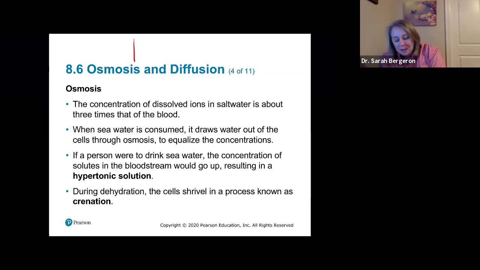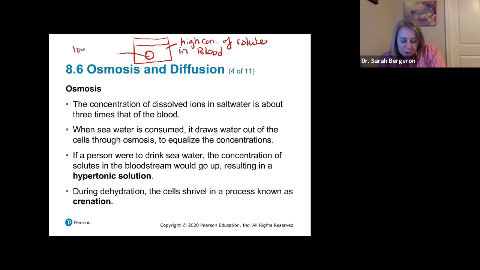But here's my same analogy, right? I have my beaker, and inside my beaker, I have my cell. So if you have a high concentration of solute in the blood, right? And then you have a low concentration of solute in the cell, what's going to happen?